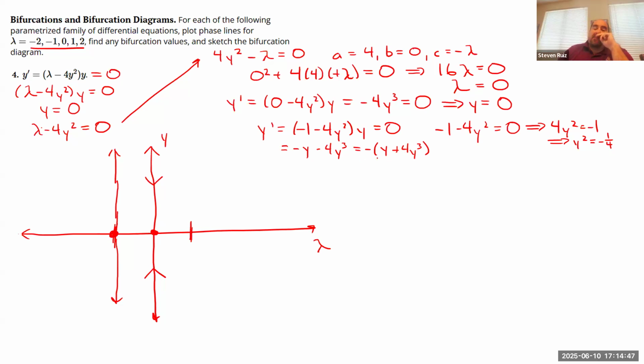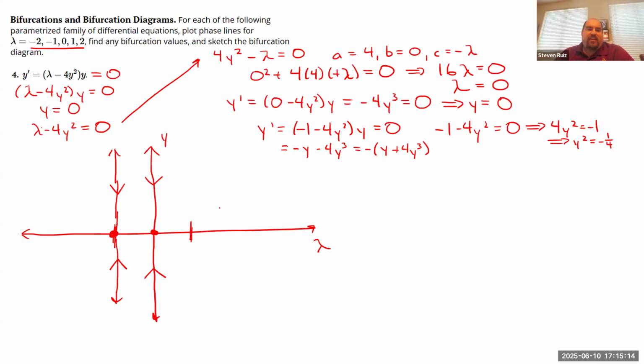But with the negative out front, I should have positive. And I think the opposite should be true if I plug in positive numbers. If y is 1, 1 plus 4 is 5, but I factored out a negative, so I should have a decrease as well. So identical phase line.